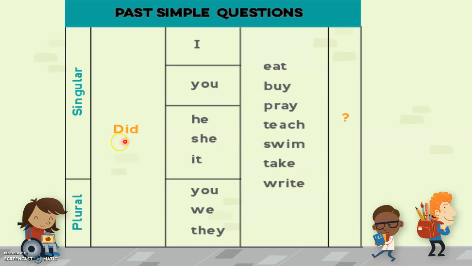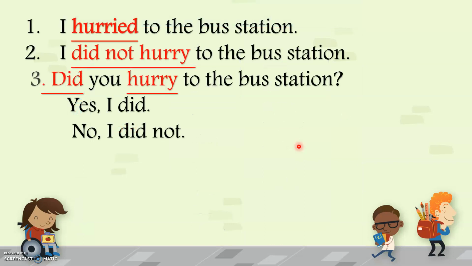For example, did she cook yesterday? Did he travel last year? Did they, for example, swim yesterday? So we start the yes or no question with did, then the subject, then the base form of the verb. Now let's take a look at these sentences.